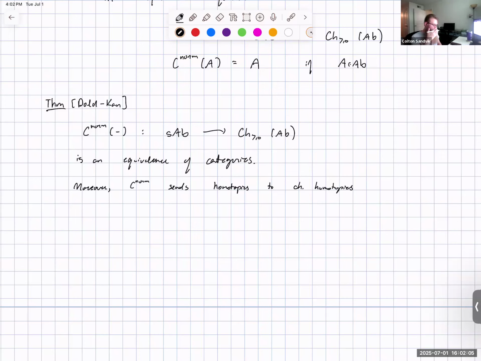Most of the substance of proving it is actually constructing the inverse functor. And I have very little intuition for this functor and where it's coming from in any meaningful way. It ends up being a lot of combinatorics and a lot of, I don't know.